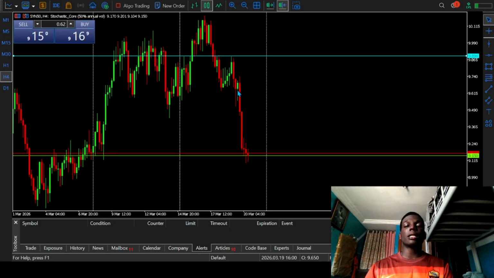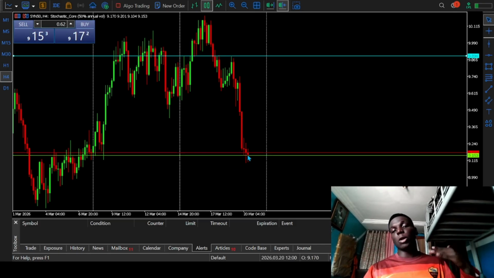But I was looking at this rejection candle that just got formed around this point. You can see it. I was looking at it as a doji, a normal doji indication that the market is supposed to reverse. Obviously the equal highs has more prominence than the doji.